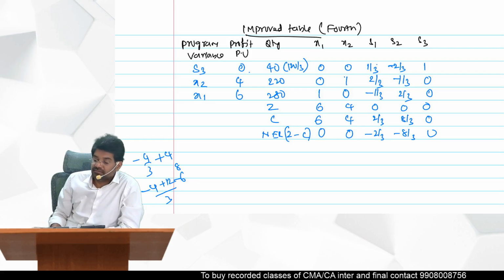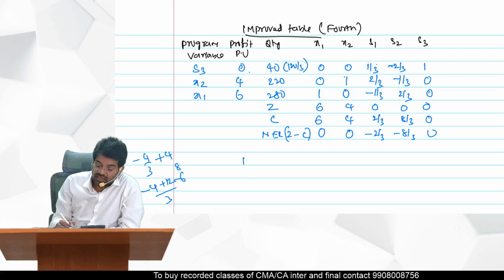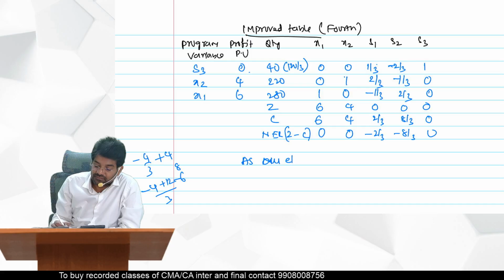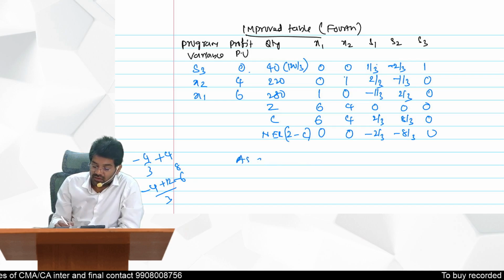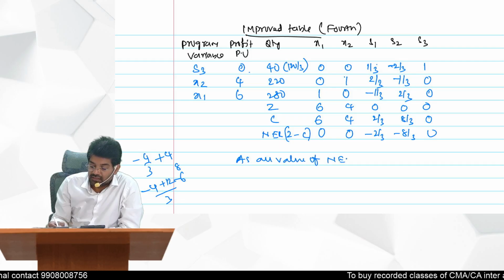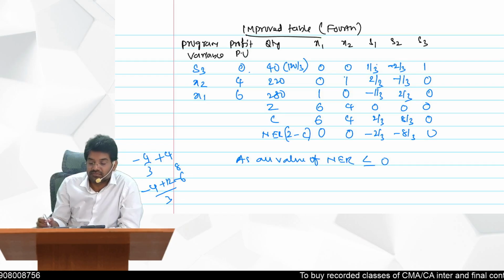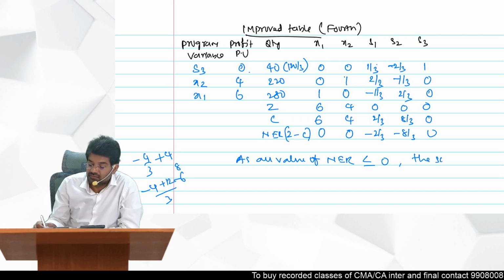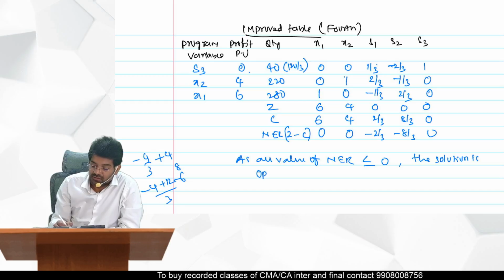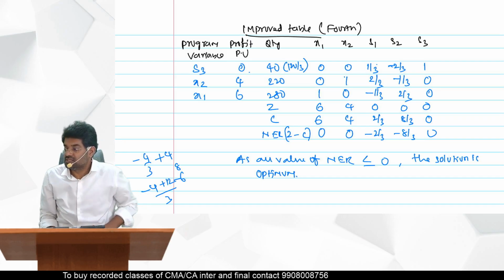So we have achieved all values of NER less than or equal to 0, the solution is optimal. The solution is optimum.